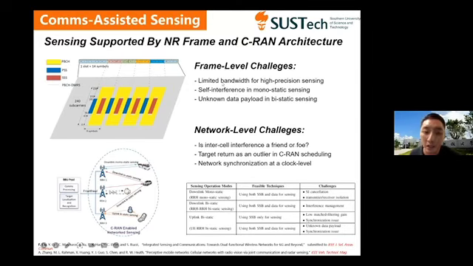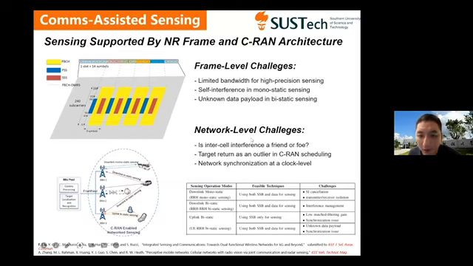So there are some challenges here, but there are also some solutions. For example, the limited bandwidth can be solved by carrier aggregation. The self-interference can be somehow resolved by full duplex techniques. And the unknown data payload can also be somehow resolved by, for example, more advanced signal processing techniques. So these are some frame-level challenges.